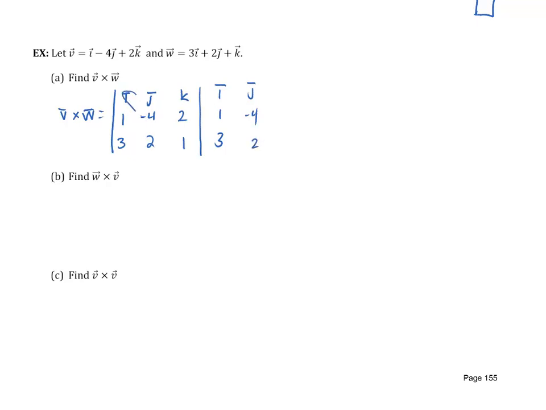And now I'm going to do the forward diagonal with the i's in it and the back diagonal with the i's in it. And that gives me negative 4 times 1, which is negative 4, and 2 times 2, which is 4. So negative 4 minus the back diagonal, which is 4, all times i. And now do the j. Here's the forward diagonal with the j in it.